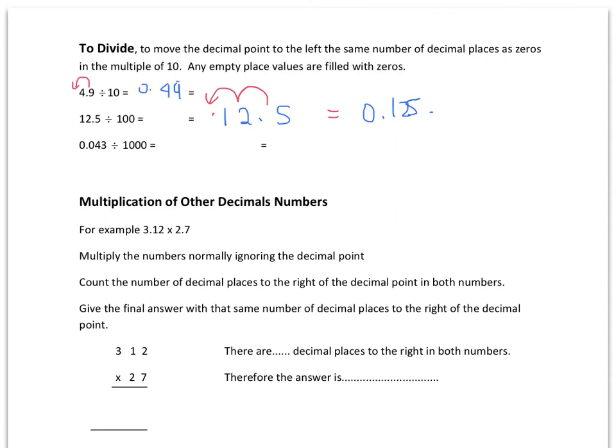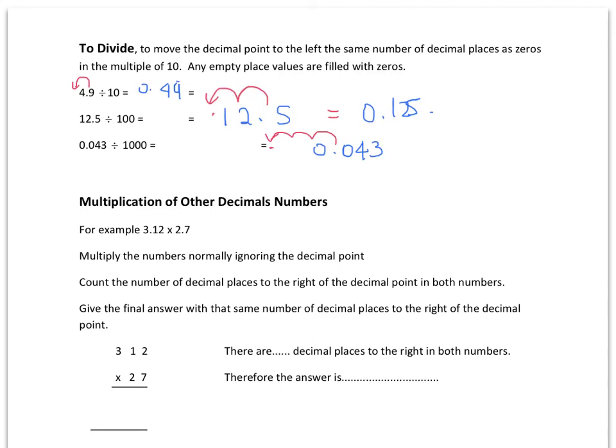If you have a number like 0.043 divided by 1000, the 1000 has 3 zeros, so the decimal point moves 1, 2, 3 places, into that position.